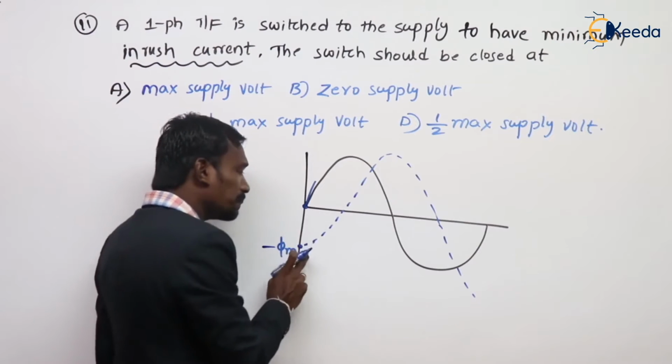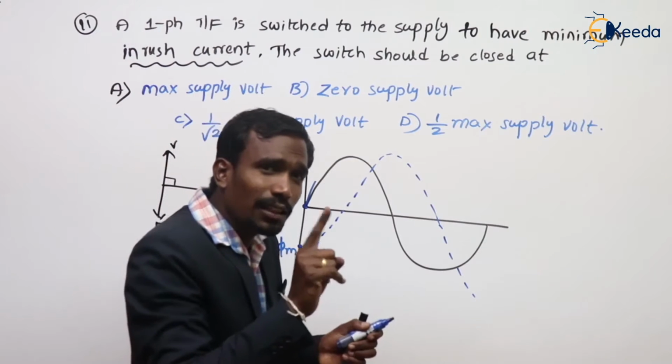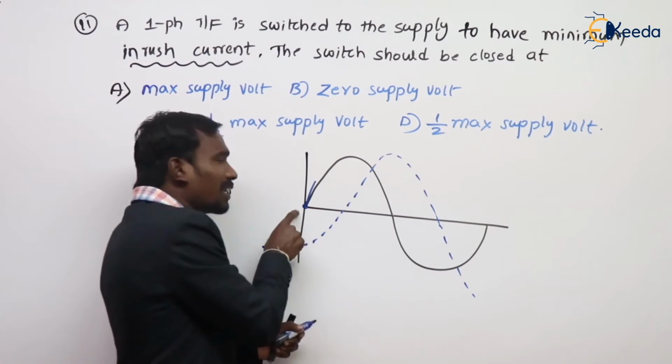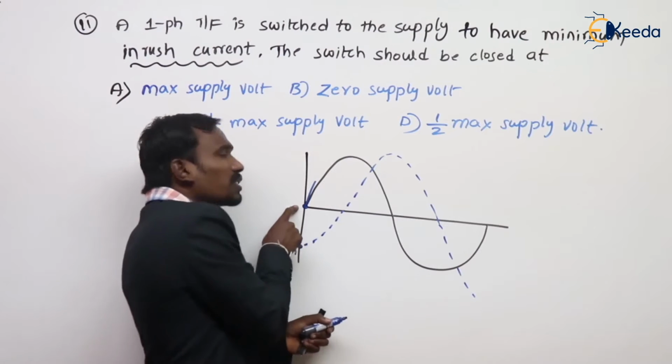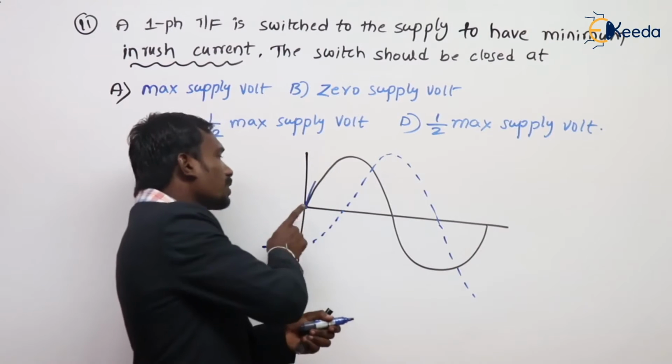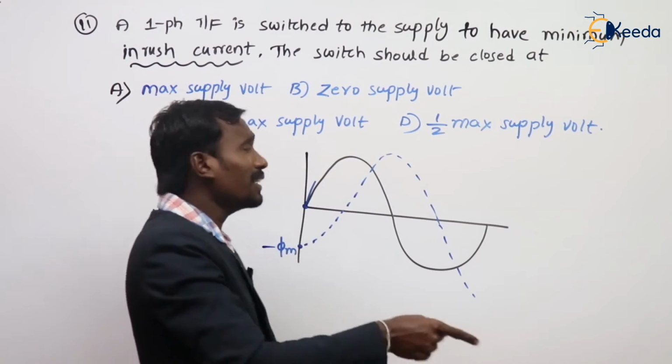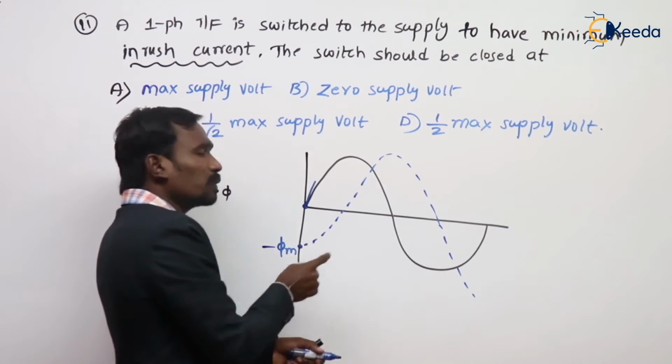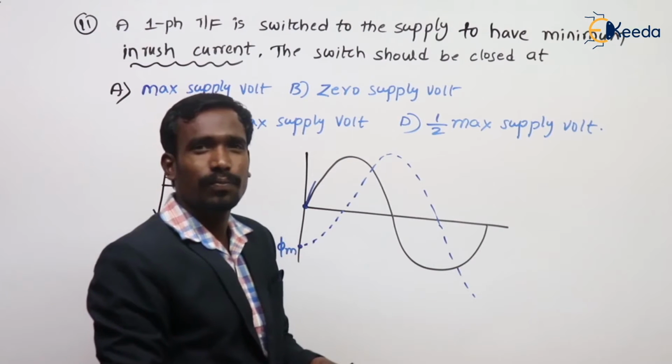This is not possible because I closed my switch just now at V equals 0. At that condition, production of maximum flux is not possible.